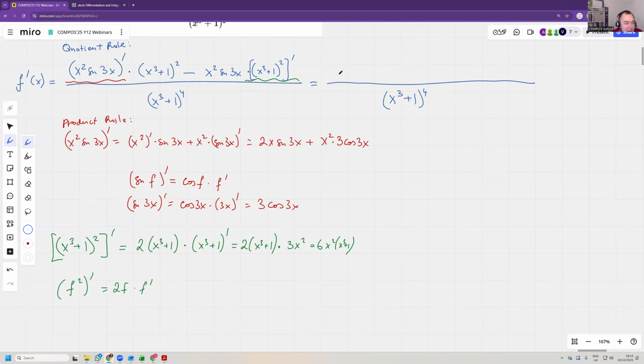So that's going to be 2x sine 3x plus x squared 3 cos 3x, bracket, (x cubed plus 1) squared, minus x squared sine 3x multiplied by 6x squared multiplied by (x cubed plus 1).